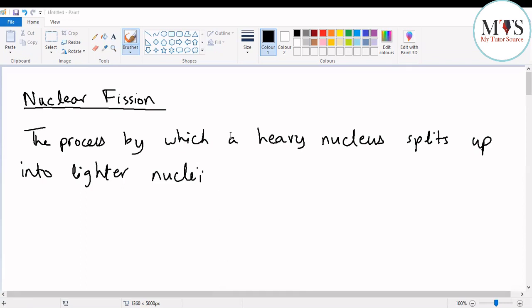An example that we can look at is the fission reaction for, let's say, uranium.